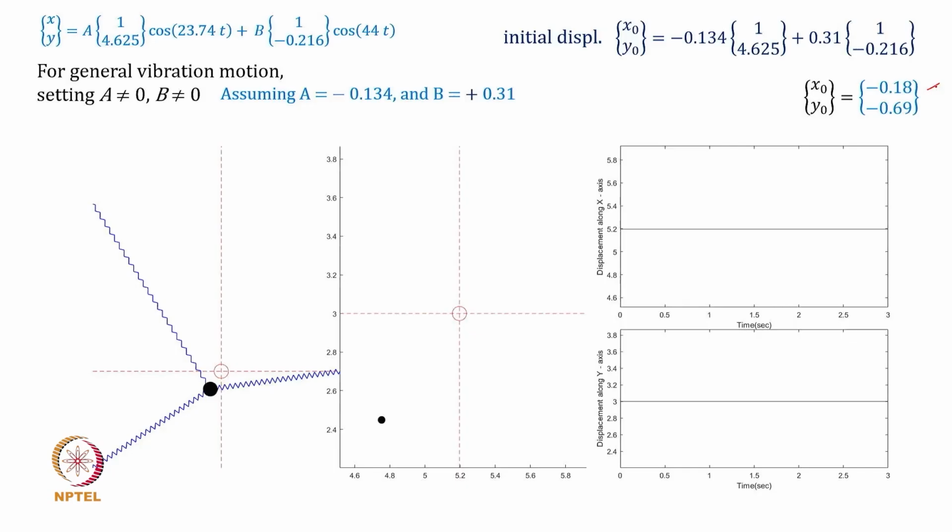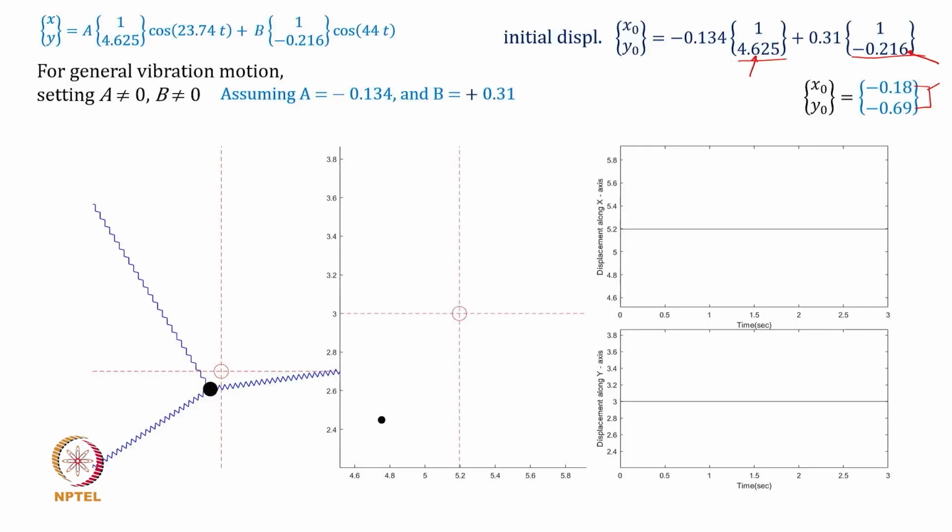If we release it from here, please note that the ratio of this and this is neither this nor this. It is definitely not this because both of them are negative signs. It is not this definitely because it is positive, and the ratio is also not what is expected.